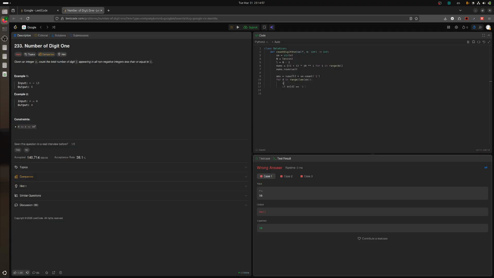So let's have like a current contribution, which is equal to digit is equal to int sn d. So current contribution is digit minus 1 times, what?